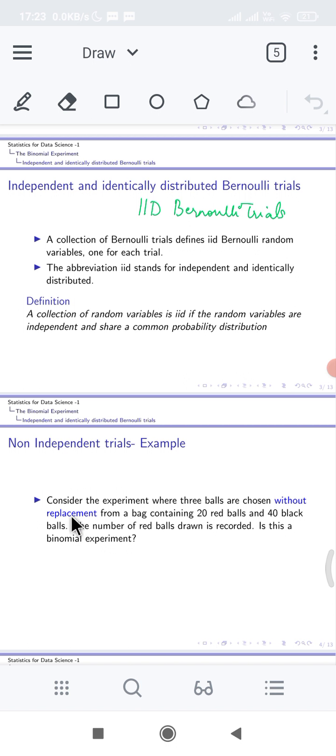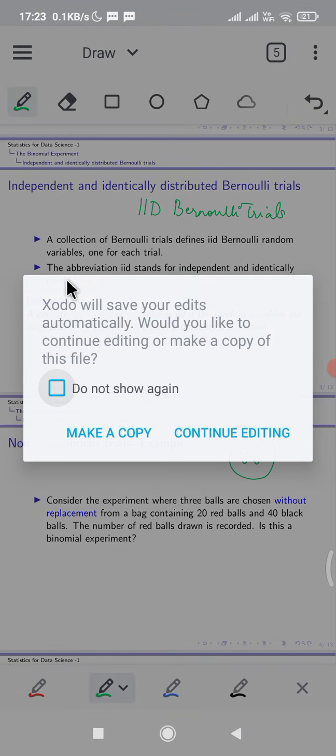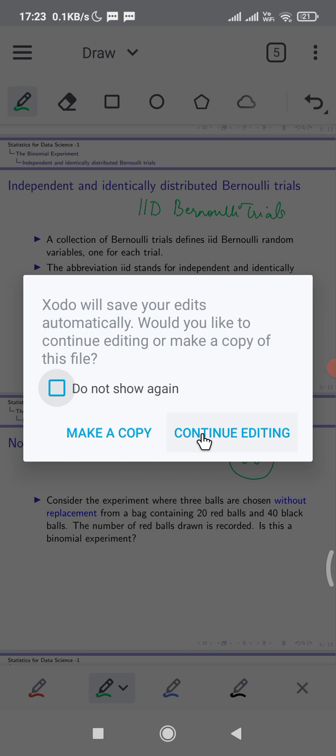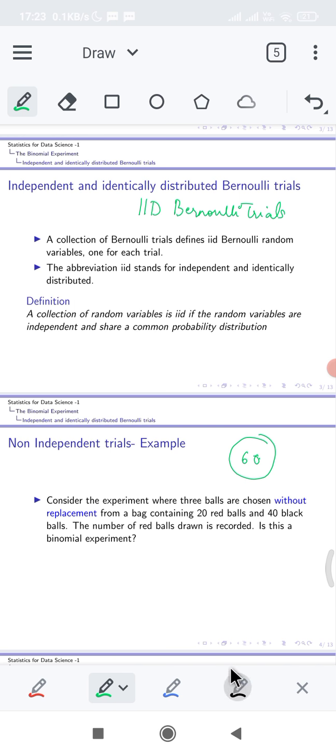So here, see, in a sack there are 60 balls, and in that sack there are 40 black and 20 red. We need to select 3.